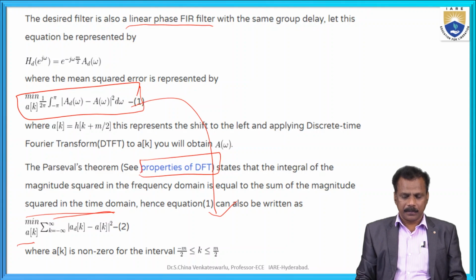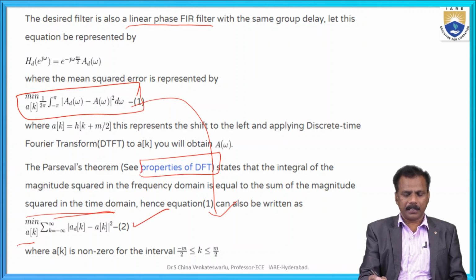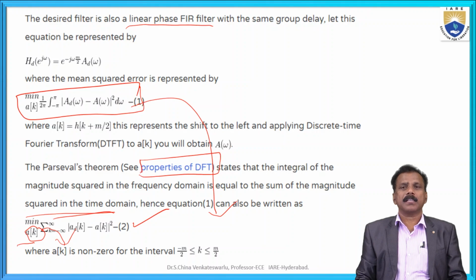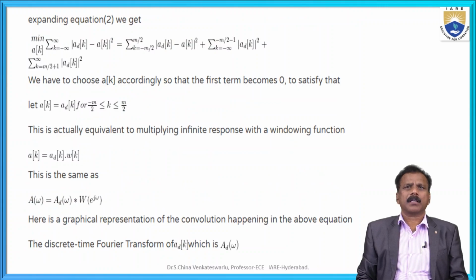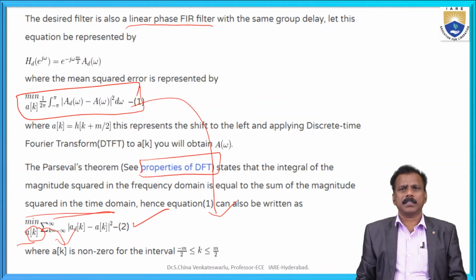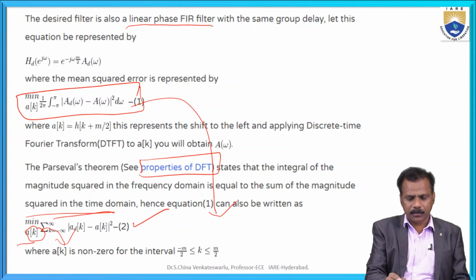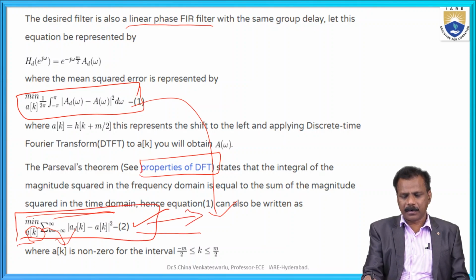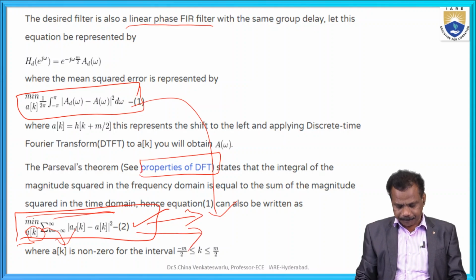This is equation number 2, where a of k is non-zero for the interval minus M by 2 less than or equal to k less than or equal to M by 2. So we are going to expand equation 2 to analyze the desired response.